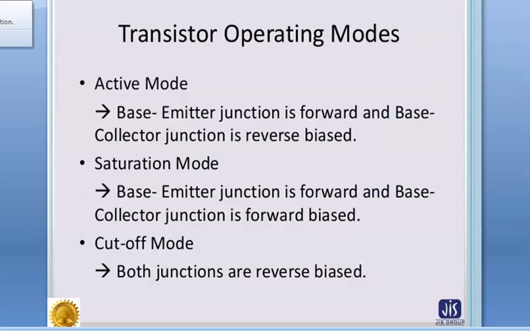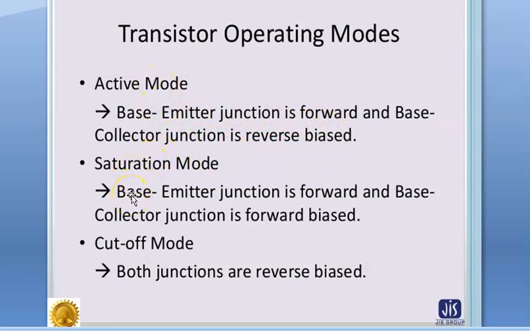Now there are three operating modes of a transistor. Active mode of operation is when the base-emitter junction is forward biased and the base-collector junction is reverse biased. Simply, when the emitter junction is forward biased and the collector junction is reverse biased, this is known as active mode.